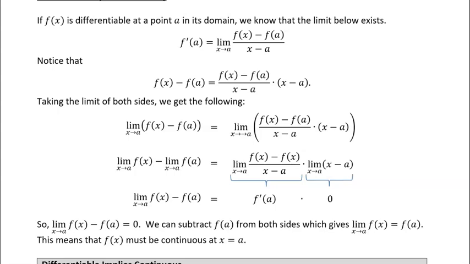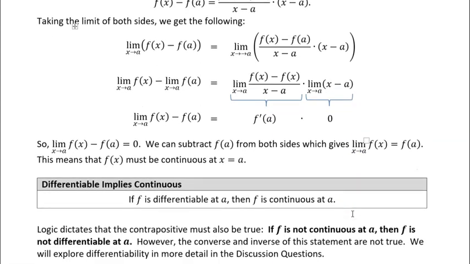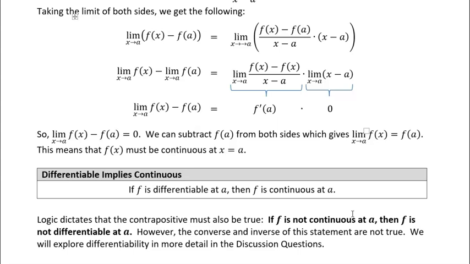That was our definition of continuity: the limit as x approaches a of f(x) has to be f(a). So we started with the assumption that the function is differentiable at a point in its domain, and our conclusion is that it has to be continuous at that point. That is the next concept we want to look at: if f is differentiable at a, then f has to be continuous at a.